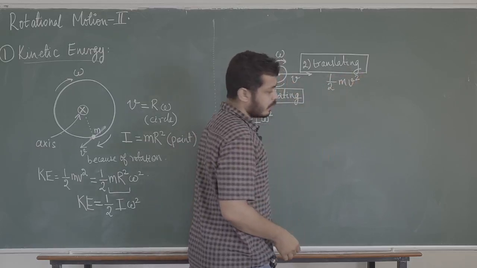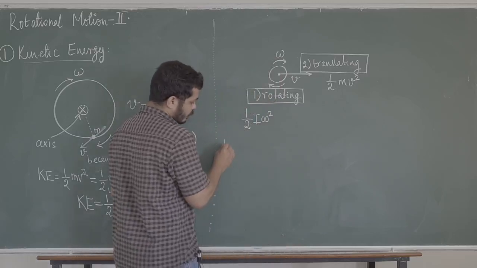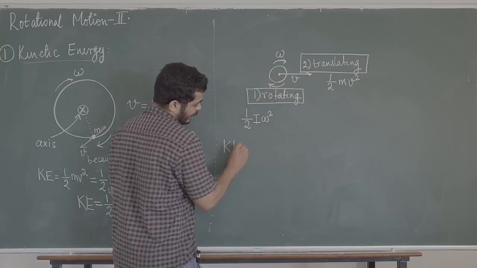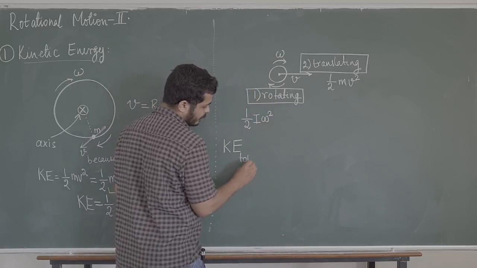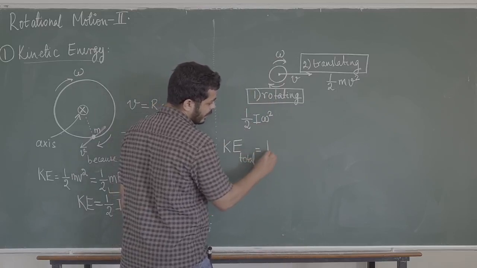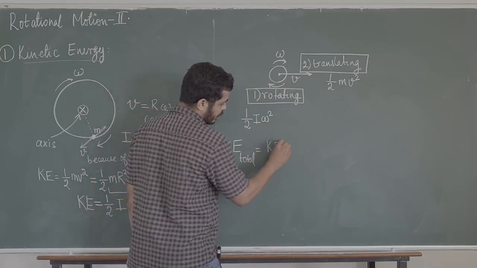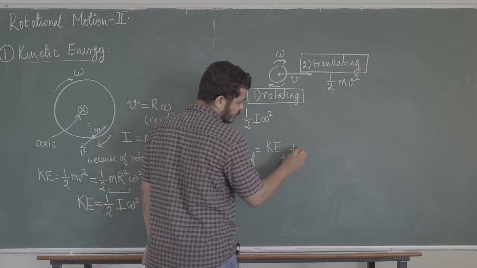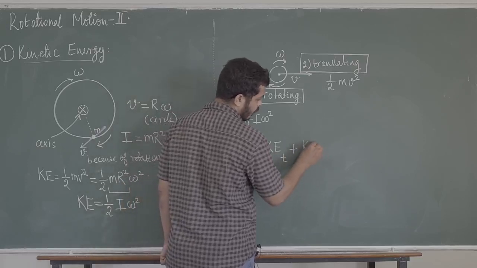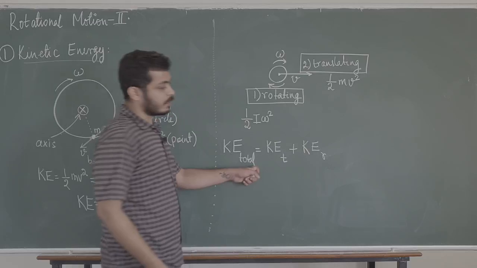So what you need to learn from here is that the net kinetic energy, or the total kinetic energy, is simply the kinetic energy of translation plus the kinetic energy of rotation. Keep this thing in mind.